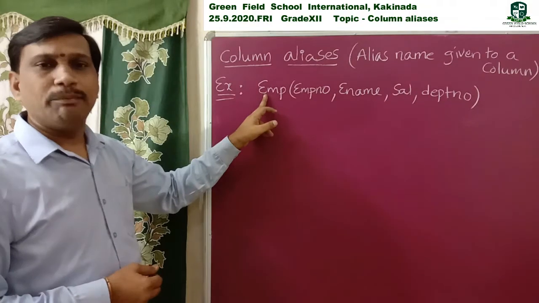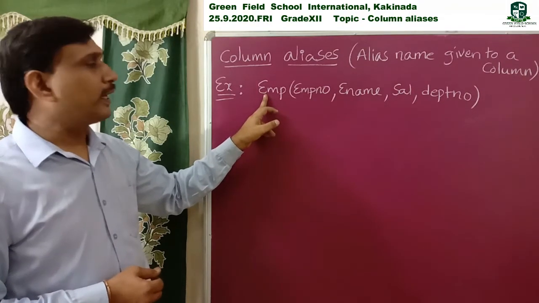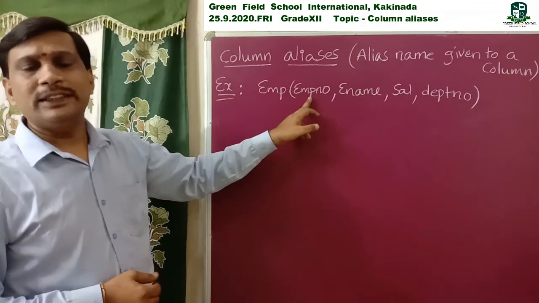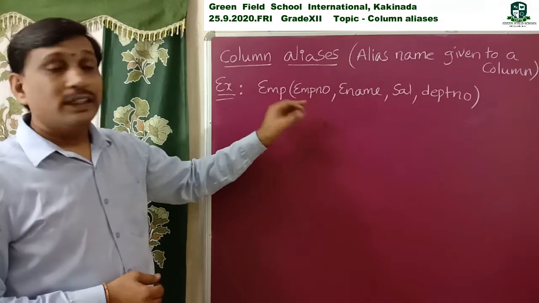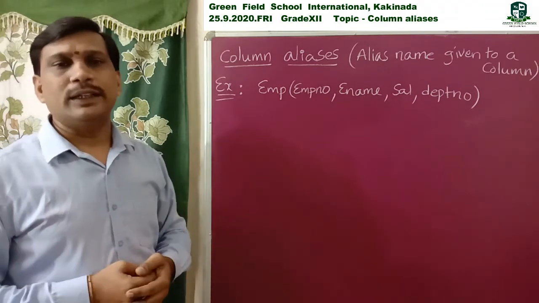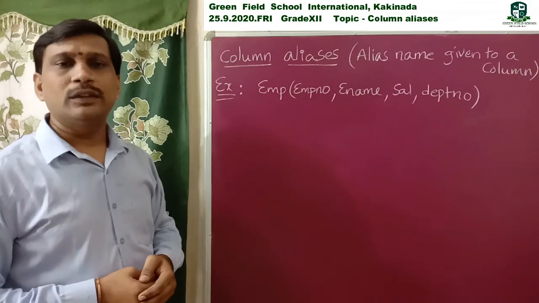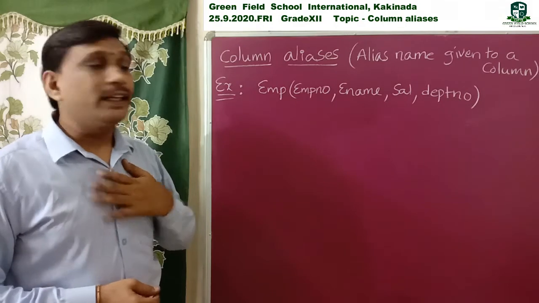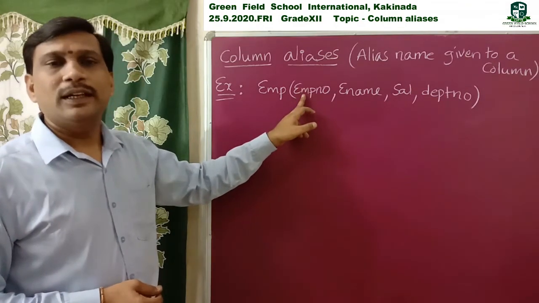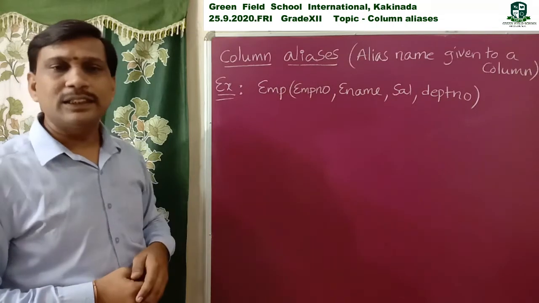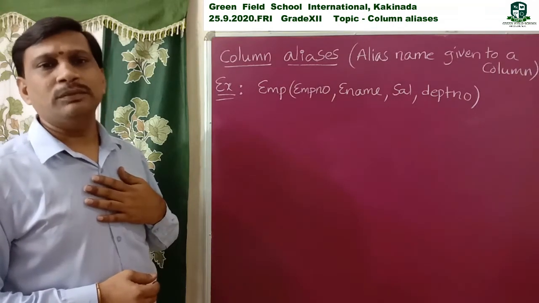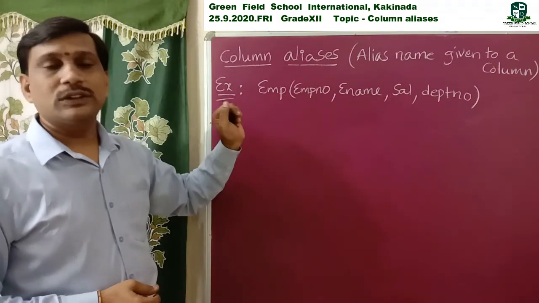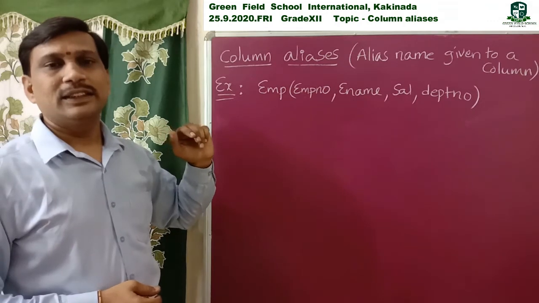The actual column name is EMP number, which represents employee number. My intention is, instead of using this EMP number, I specify a column alias with my intended name, that is employee number. So we use our own interested names.